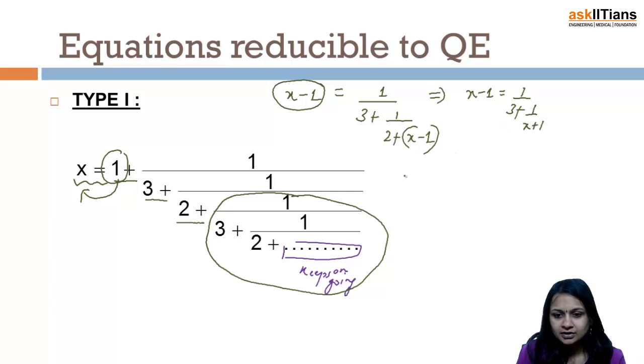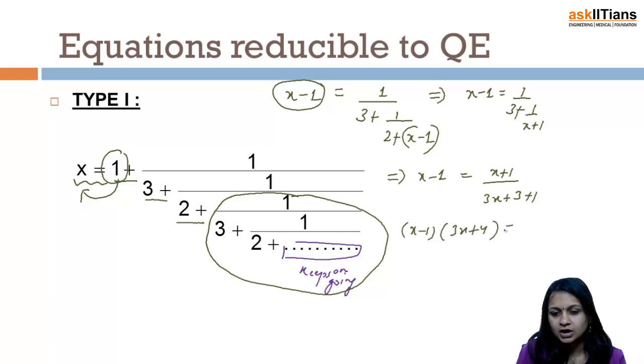So I have x minus 1 is equal to 1 upon 3 plus 1 upon x plus 1, and the x plus 1 jumps over here. So here we have 3x plus 3 plus 1. So x minus 1 into 3x plus 4 equal to x plus 1. So we can solve it and get the final answer. Let's quickly solve it.